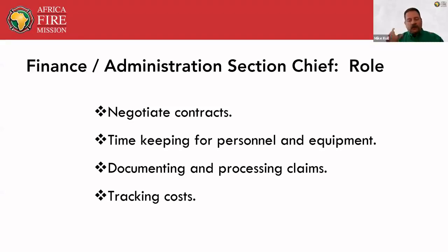This is the person that's going to find a quiet place, sit at the desk, and push the pencil and work out the paperwork. That's your finance administration. They've also got a hold of those purse strings to make sure that folks are getting paid for what they need to as they go through this. So there we've touched on all of our general staff, on all of our command staff.